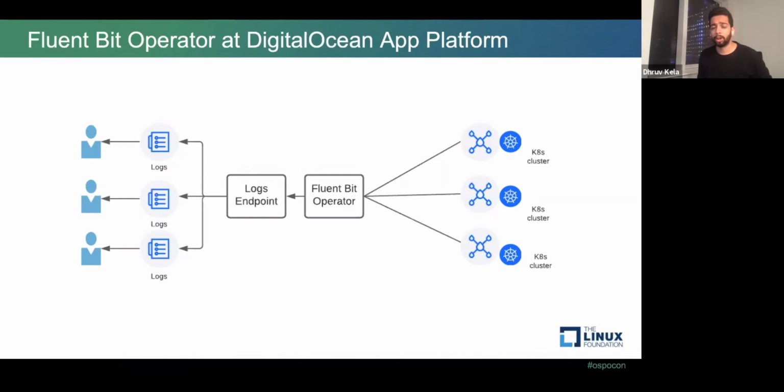So we use the Fluent Bit Operator to make sure that FluentBit is capturing the latest logs as soon as there are any changes that happen. We make use of the Go client, which the operator provides, to filter out and parse the logs, which are essential and are in a structured manner so that we can actually return it back to our end users.